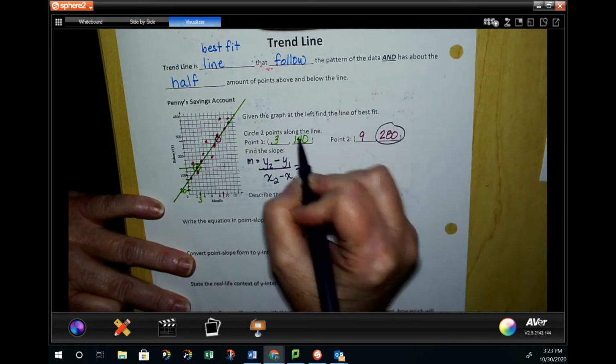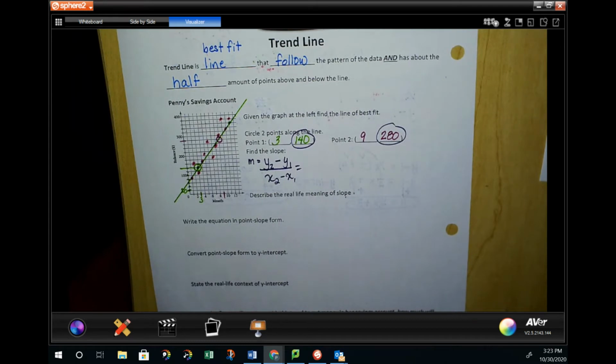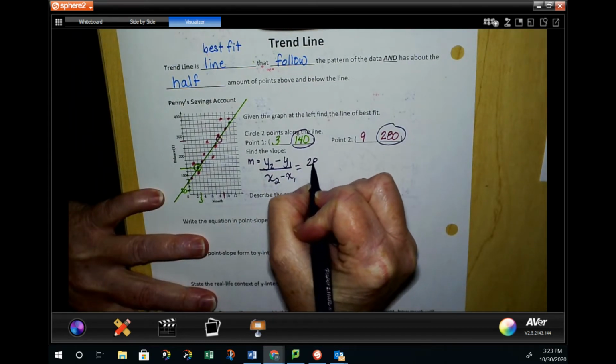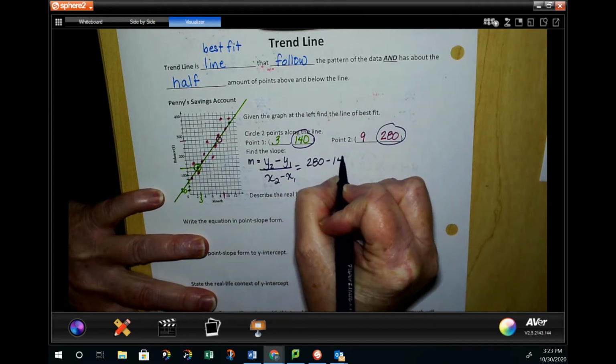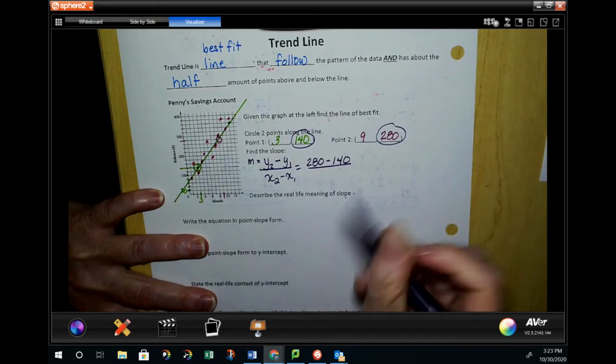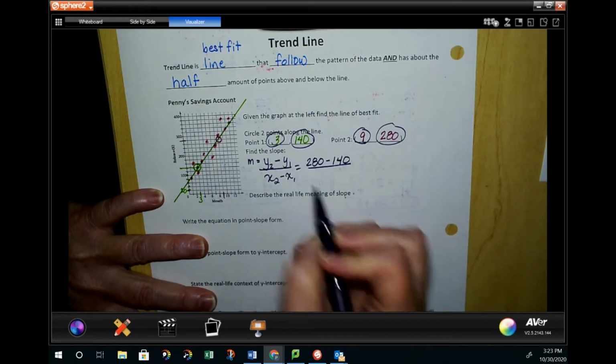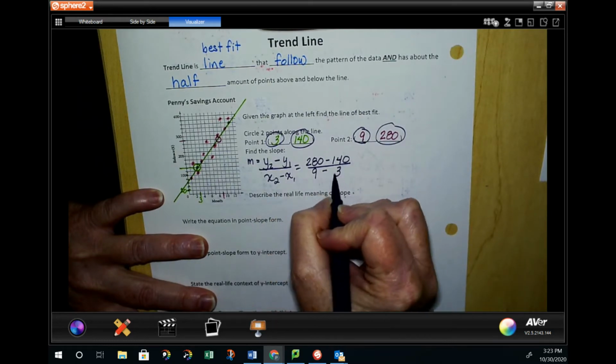My y values are my second ones, and remember y is always to the sky, so 280 minus 140. And then my x values, starting with the second point, so 9 minus 3.